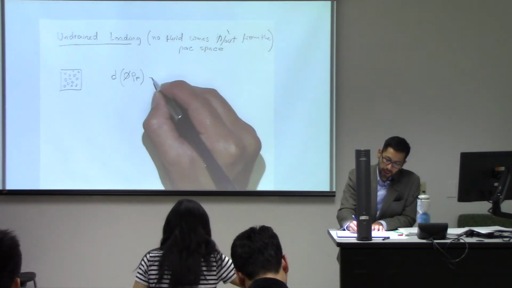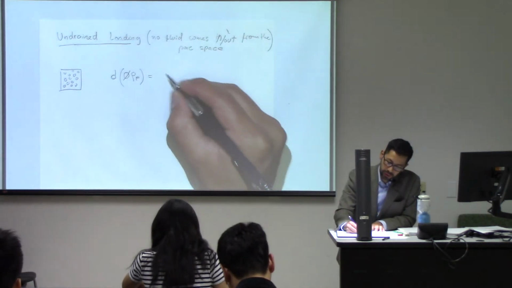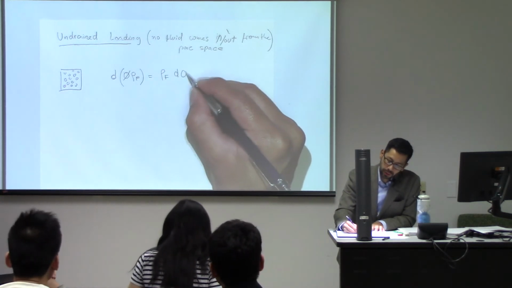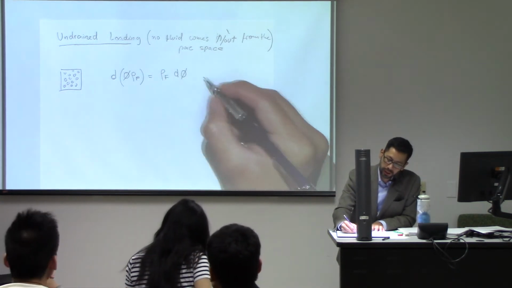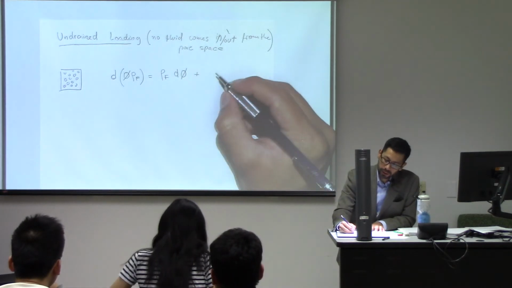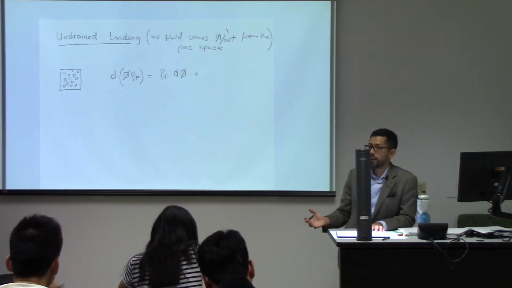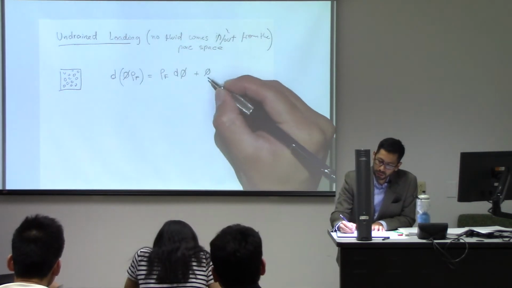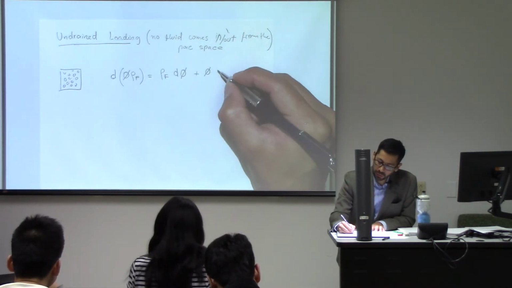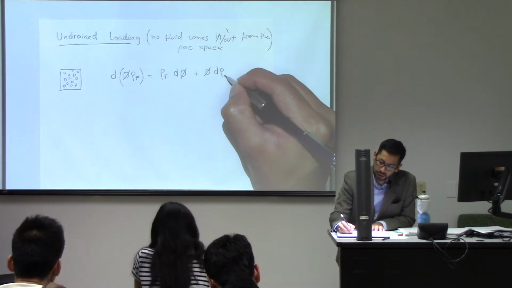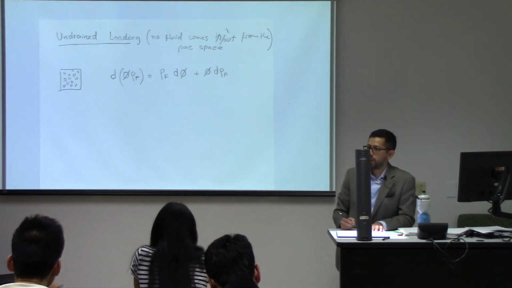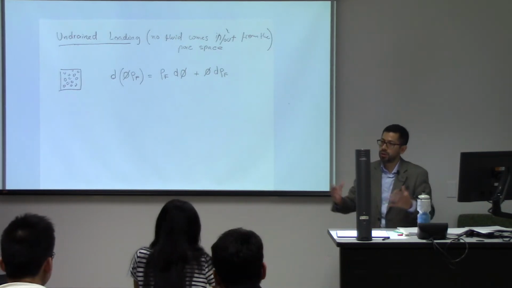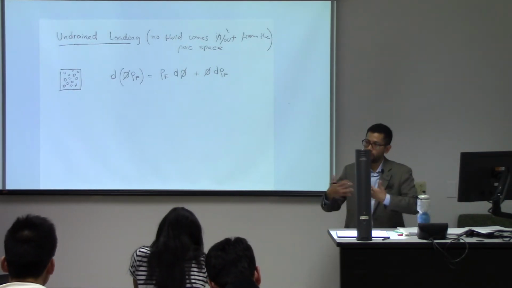So I could use the rules of derivatives and separate this term into variations of porosity, and also porosity can vary, right? But also density can vary. We're not assuming in this case an incompressible fluid. The density of the fluid can vary. If your density varies because you increase the pore pressure, you're going to have more fluid in it.